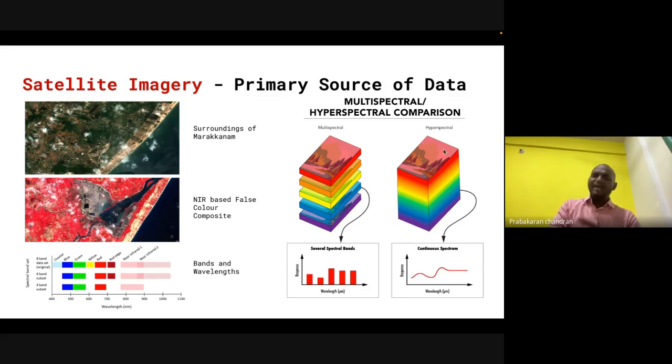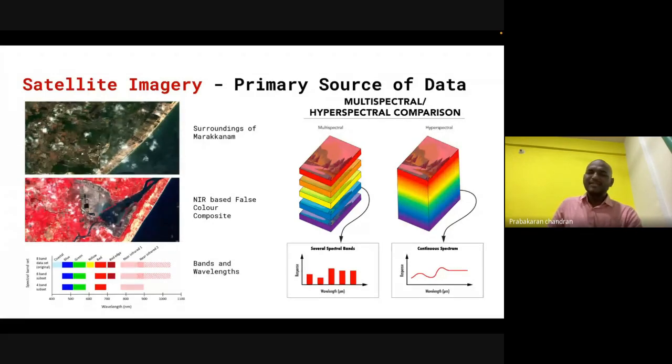For hyperspectral, it will be a continuous spectrum, which means it will capture the entire wavelength range. For example, here we have limited everything, but in hyperspectral, it will be continuous values. We have to perform a lot of dimensionality reduction or extraction of certain limits of the values.